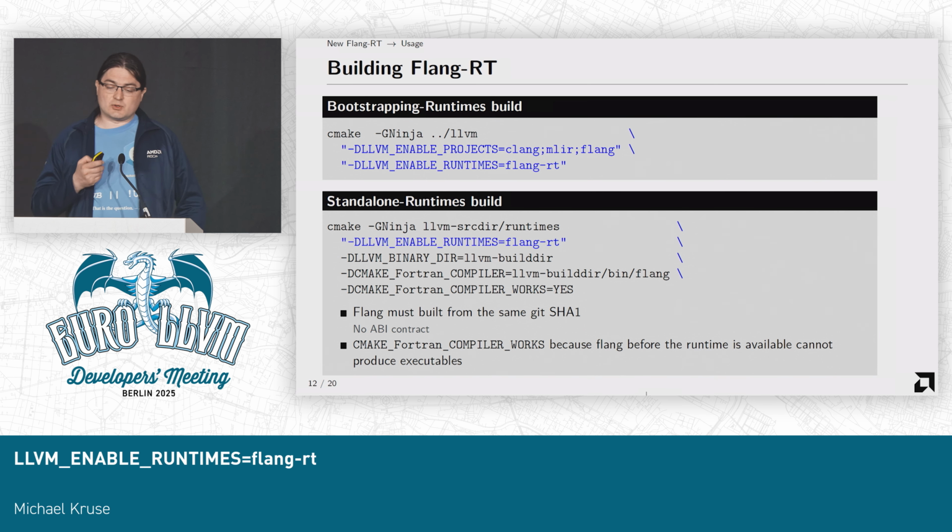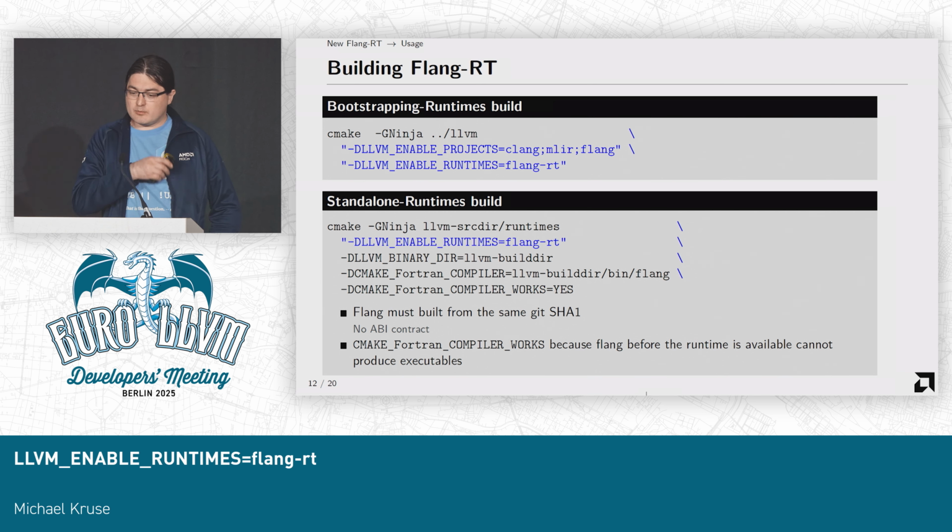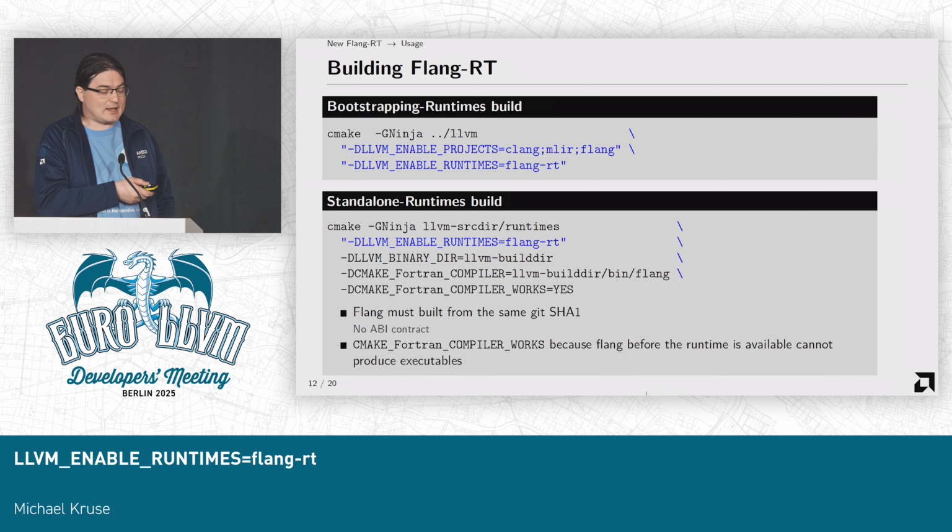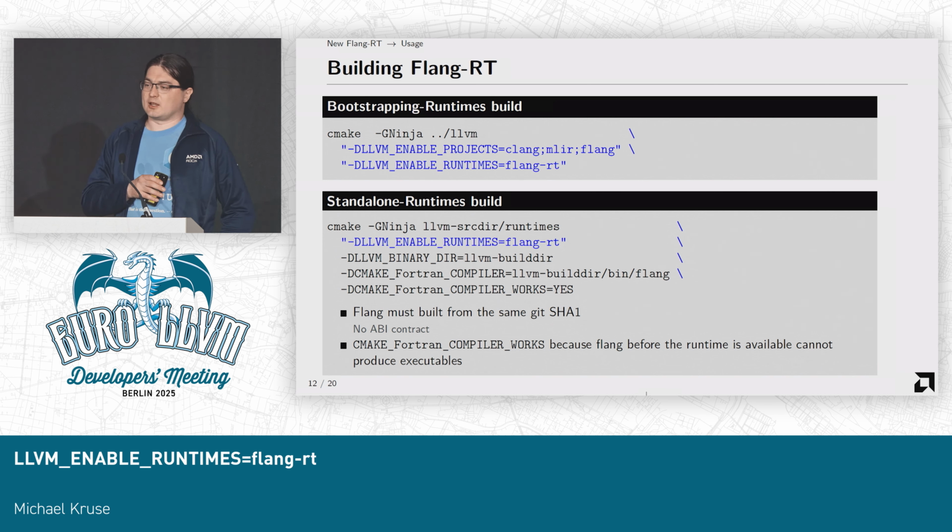But the standalone build is still supported, in which case you use the runtimes as a top-level CMake directory. But then you also need to tell it where the compiled LLVM is for all the tools and the Clang library, and you need to specify the Fortran compiler you want to use.